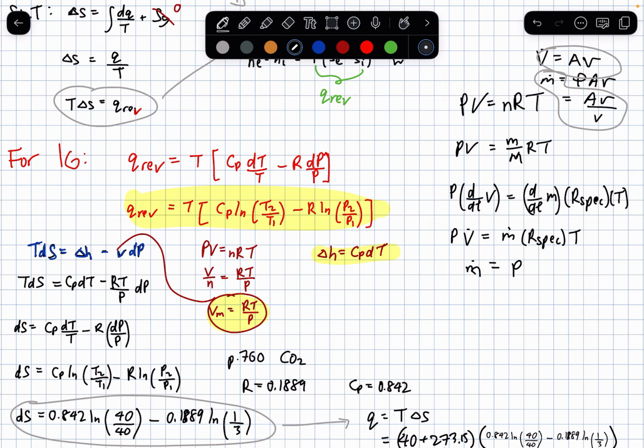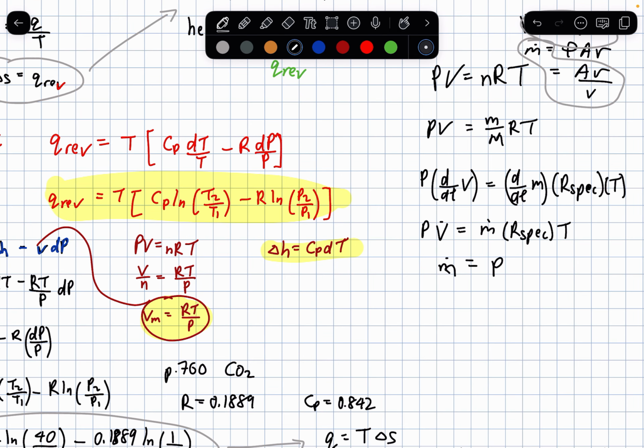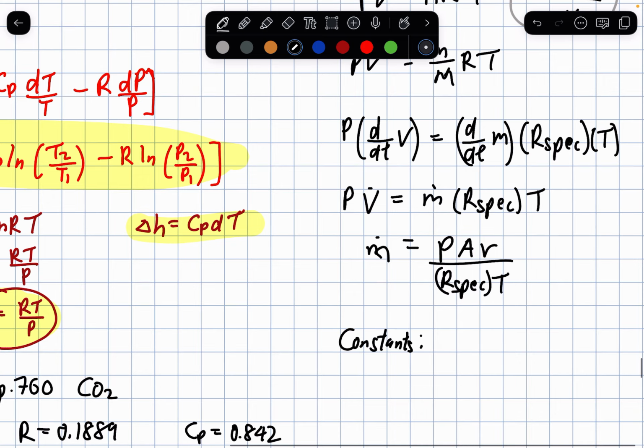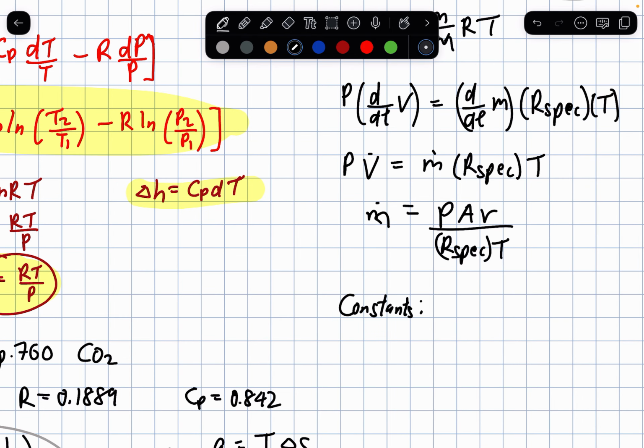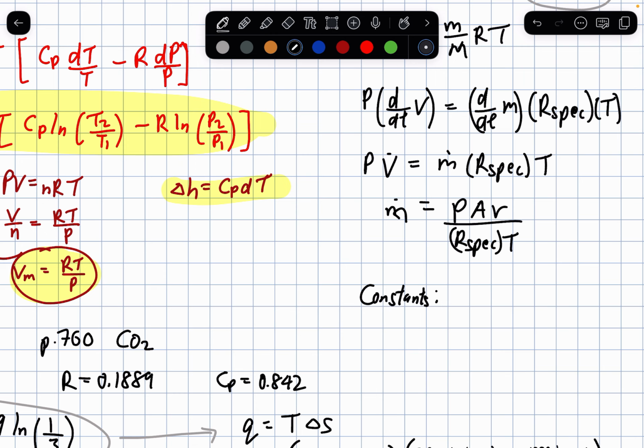You just have to memorize those things. And then R spec T, wherein constants. By the way, this is not part of the solution of our problem right now. I'm just reminiscing something else where gas is ideal, so we don't look at the thermodynamic tables in Sonntag, no? So R spec, also the temperature, because the process is isothermal in that problem.